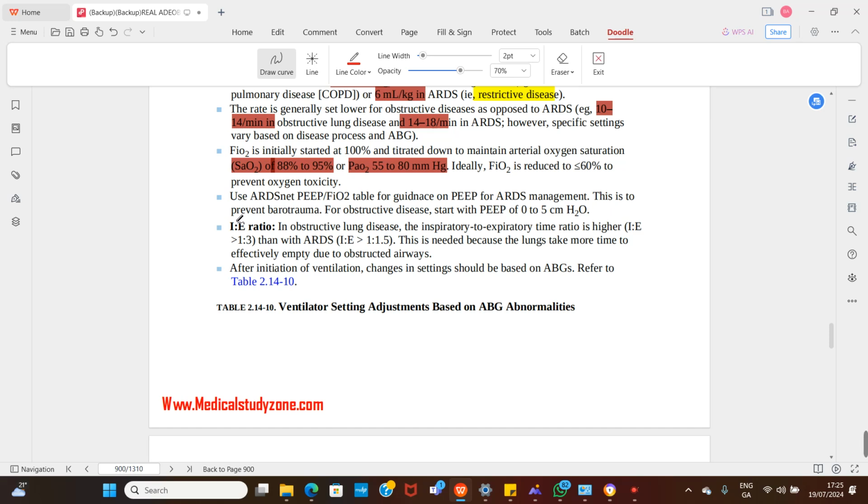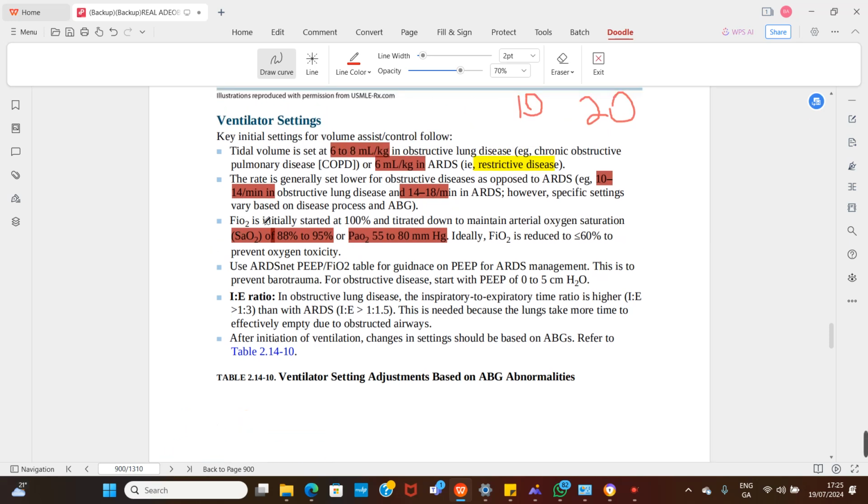Then another thing you need to adjust, aside from the rate, the FiO2, and the PEEP, is the IE ratio. In people with obstructive lung disease, you want to increase the expiratory time with respect to the inspiratory time.